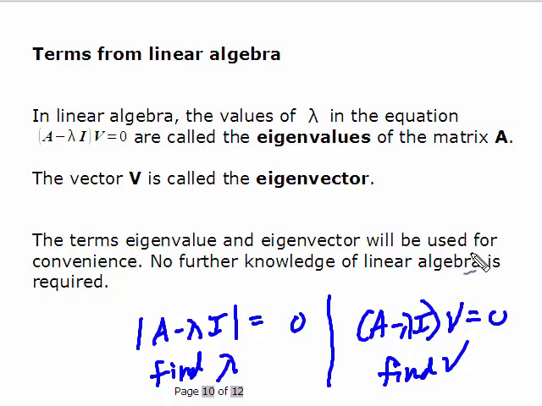Now we're going to borrow terms from linear algebra, and we will use them without any definition of what they are, because when you take linear algebra, you will see these same equations, and that's why we can borrow these terms. In linear algebra, lambda is called the eigenvalue, and V is called the eigenvector. So we will use these terms, eigenvalue and eigenvector, but we're not going to discuss anything more about linear algebra.